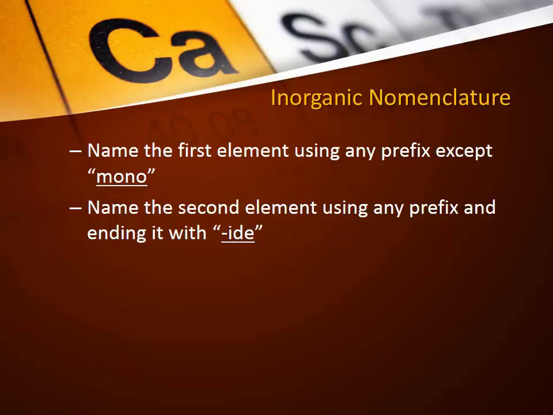First off, you name the first element using any prefix except mono. So if there's only one of the first element, you just simply put the element's name, not mono. And the second element uses any prefix, including mono, but you end with "ide."